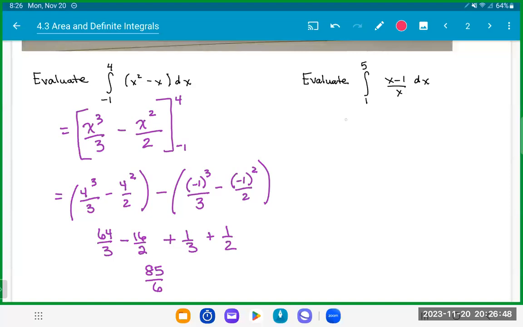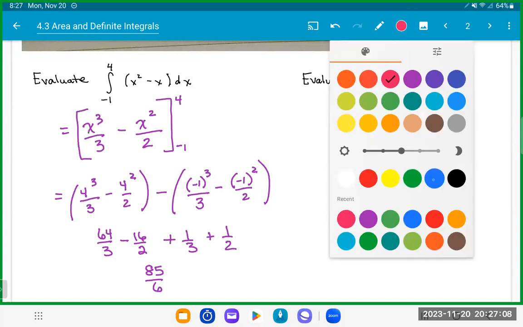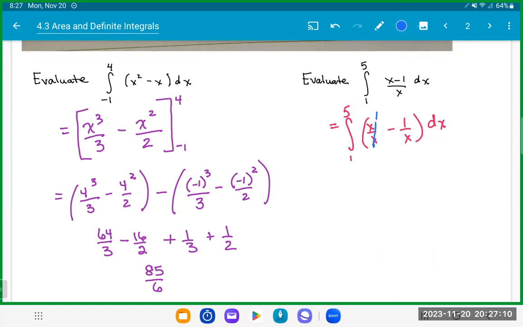This is the same as the integral from 1 to 5 of x over x minus 1 over x. I'm just, instead of having a common denominator, breaking that out. Well, x over x is really just 1, so we have that constant, so that's okay.